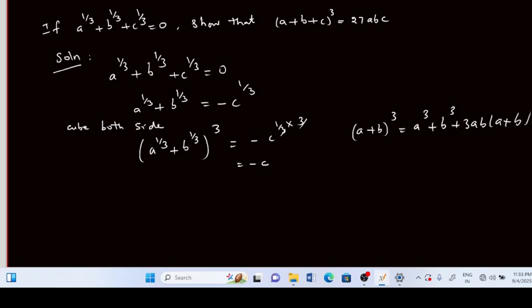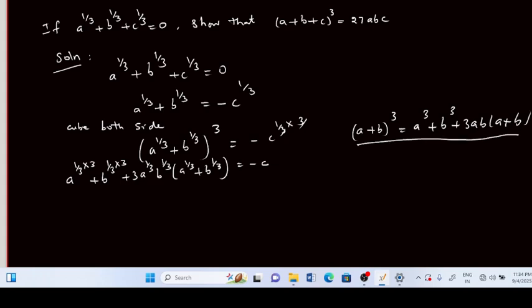We expand this: (a^(1/3))^3 + (b^(1/3))^3 + 3 times a^(1/3) into b^(1/3) into (a^(1/3) + b^(1/3)). This is written by using the (a + b) whole cube formula.